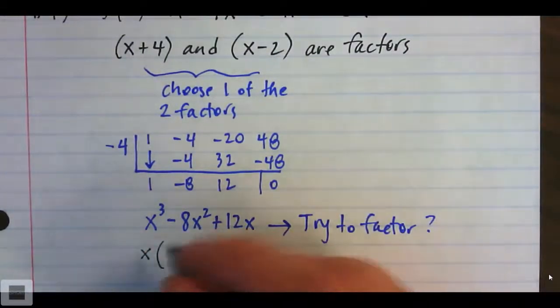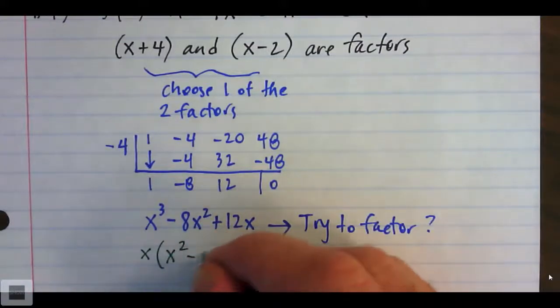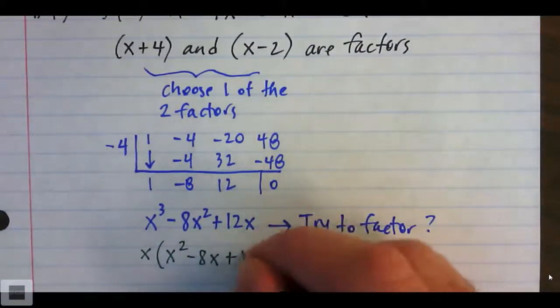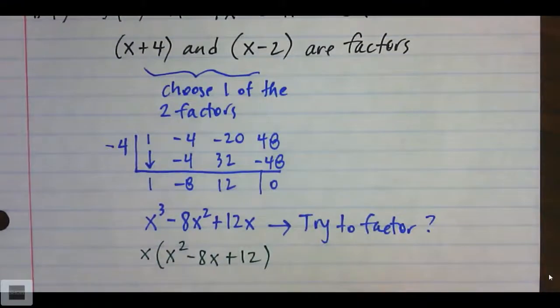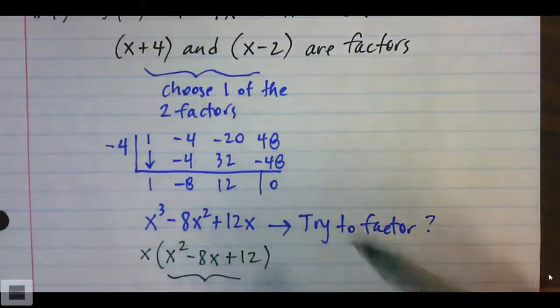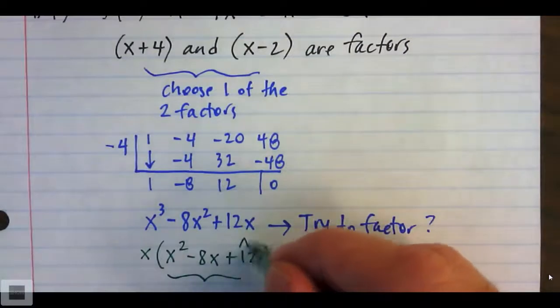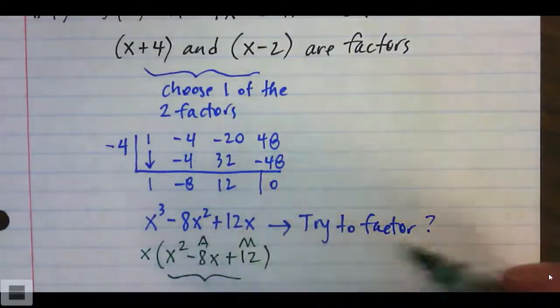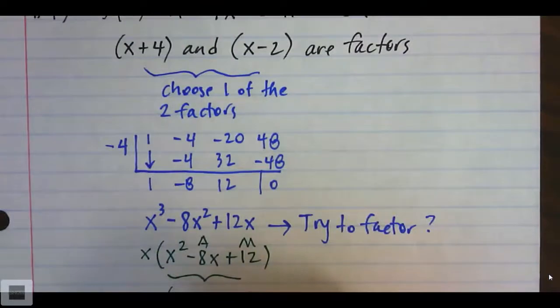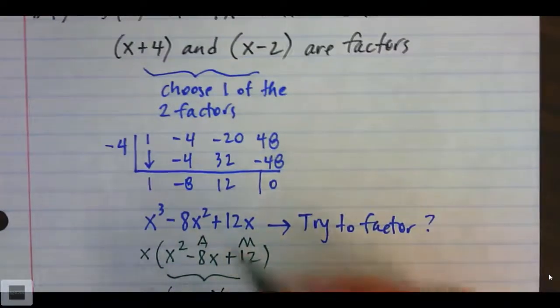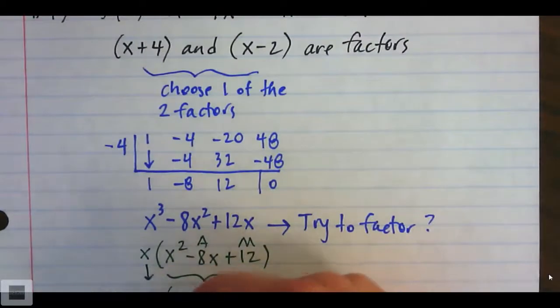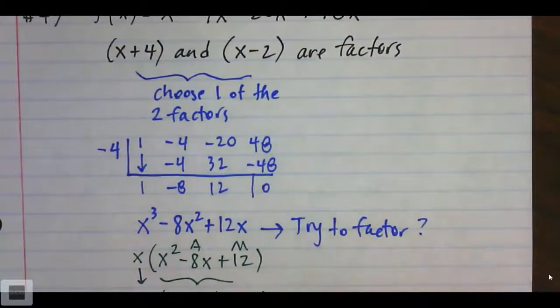So if I take an x out, that leaves me with x squared minus 8x plus 12. Well, fantastic, because now I know I can factor this because, again, what multiplies to give me 12 and adds to give me negative 8? That would be x minus 6 and x minus 2. Well, if I bring down this x right here, that's my GCF.